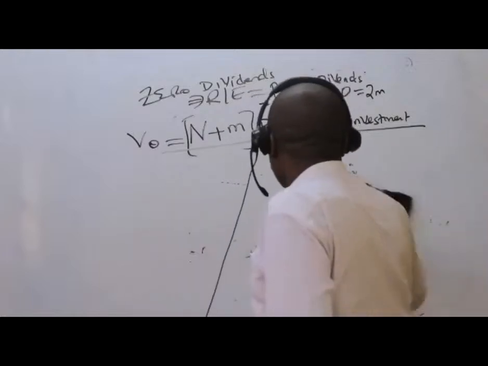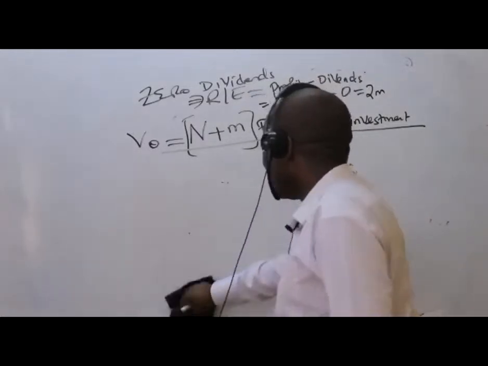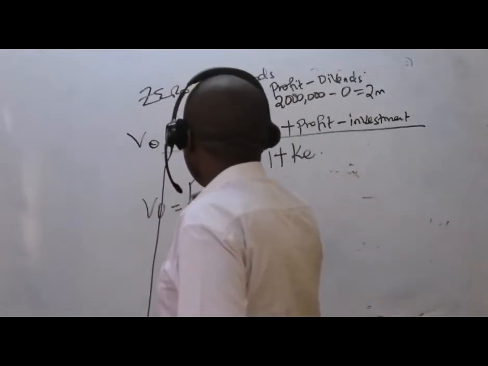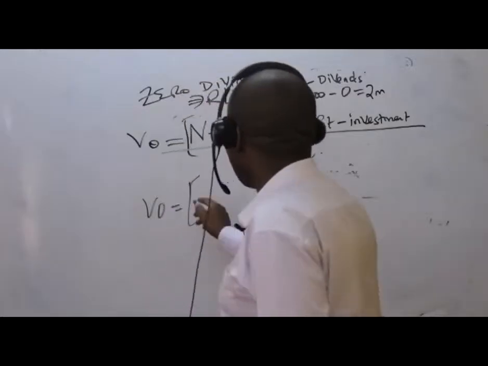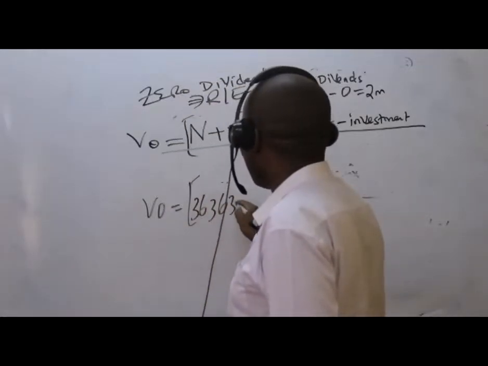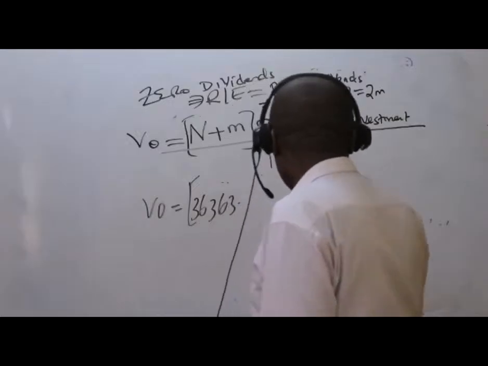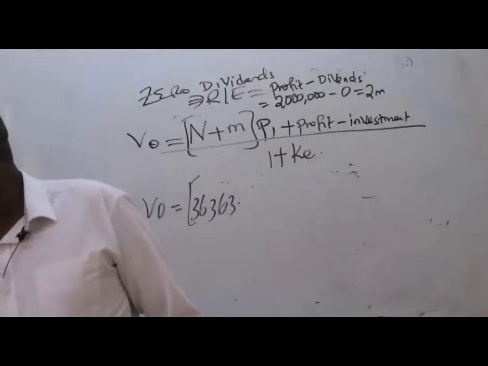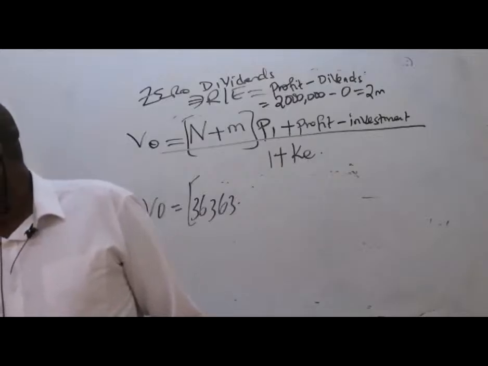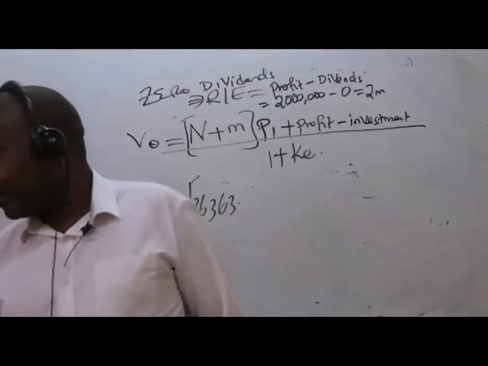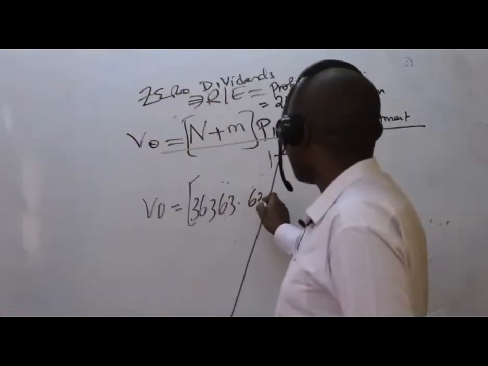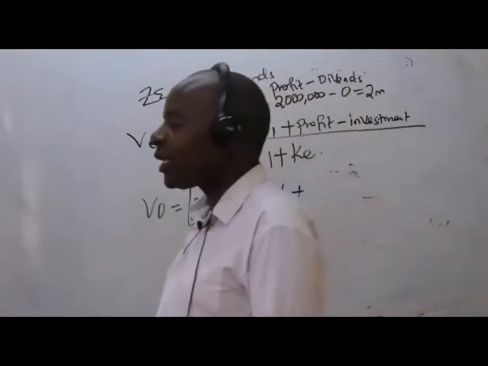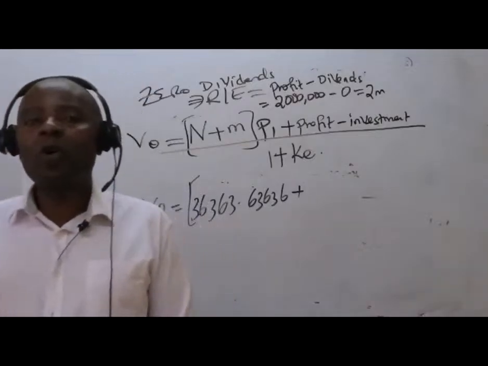So, ladies and gentlemen, my V0 here will be equal to the n that you gave me. This 36.3636, let me just read it again. The n that you have just given me, that is 36.36 plus M. M, remember what we said about M. M stands for the old number of shares.